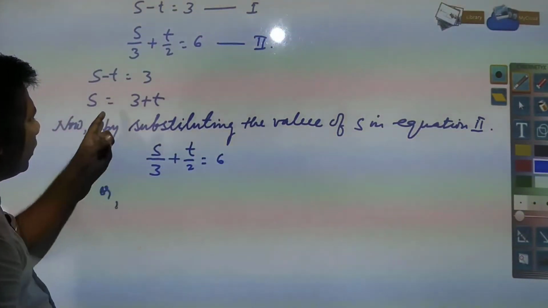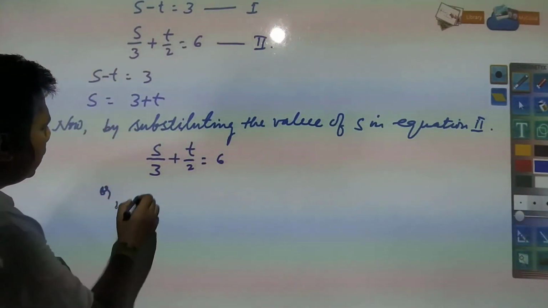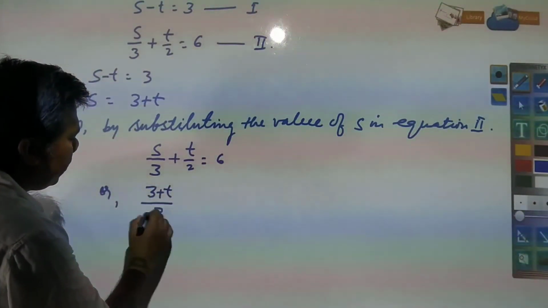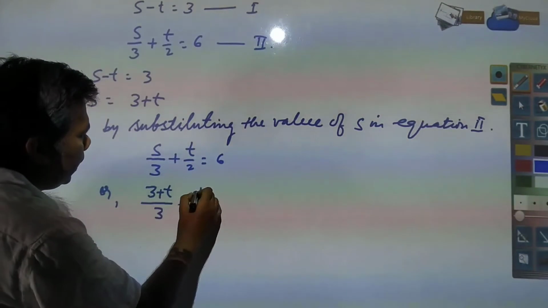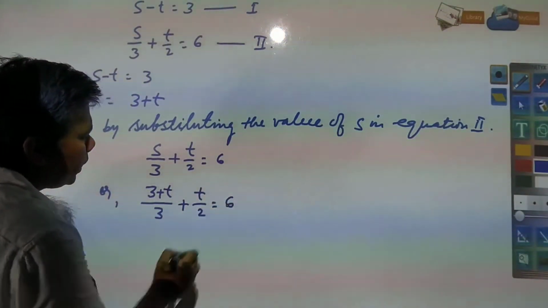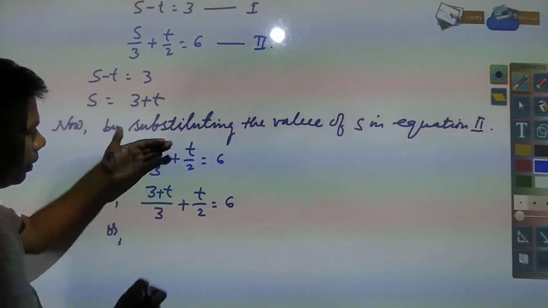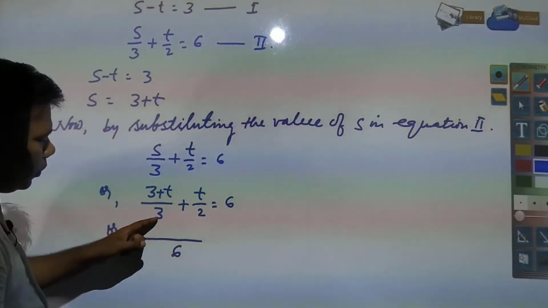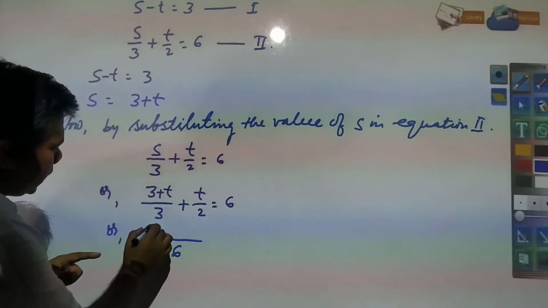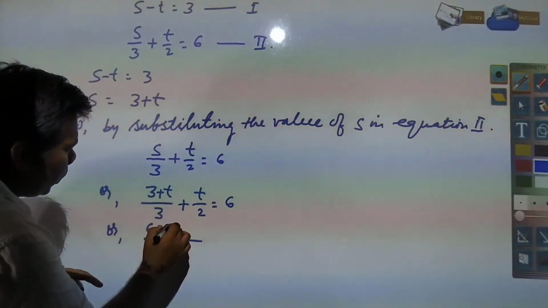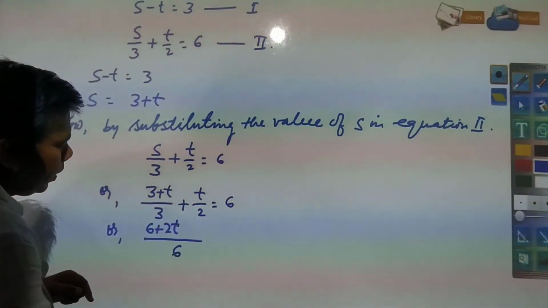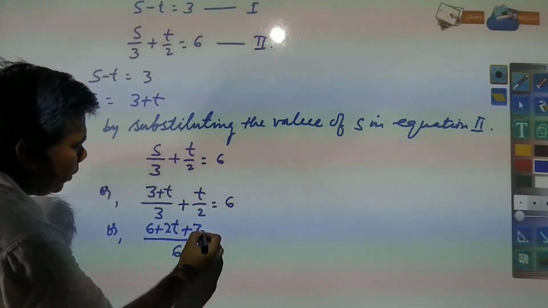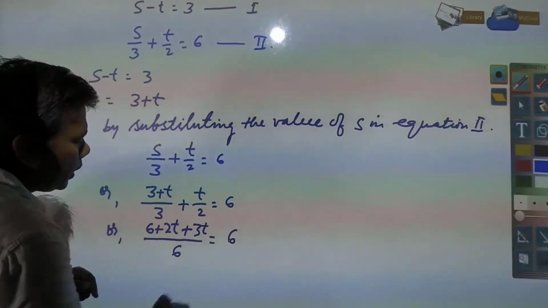Just we will put the value of s, that is 3 plus t, divided by 3, plus t by 2 is equal to 6. Now simplify this, LCM will be 6. 3 2s are 6, 2 3s are 6, and 2 into t, 2t, plus 2 into 3 is 6, and 3 into t, 3t, and that is equal to 6.